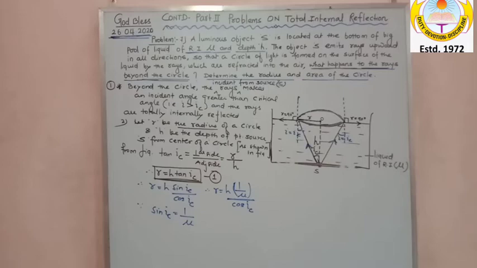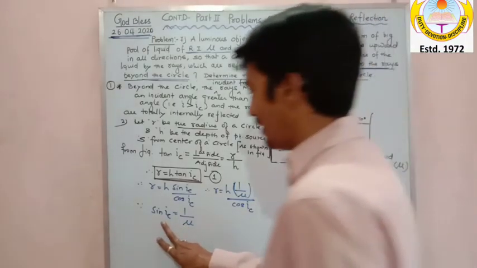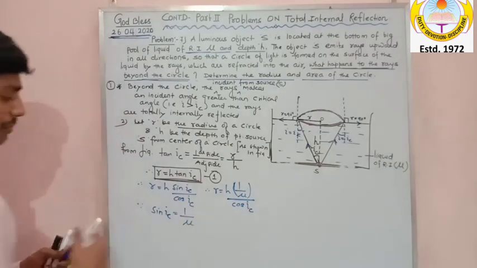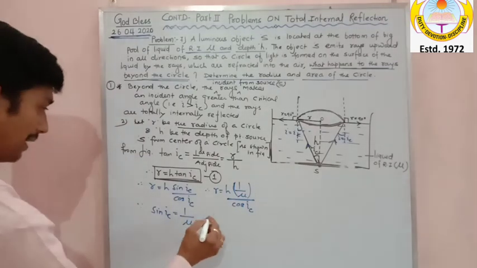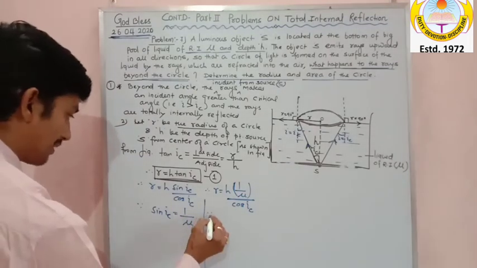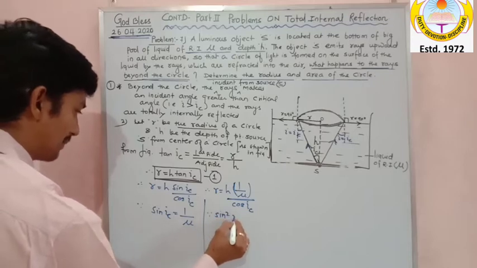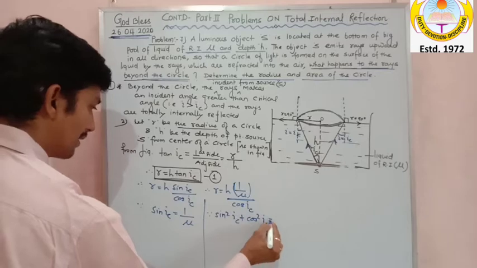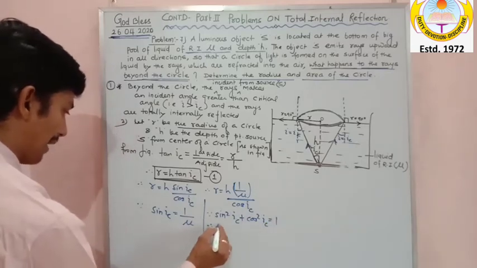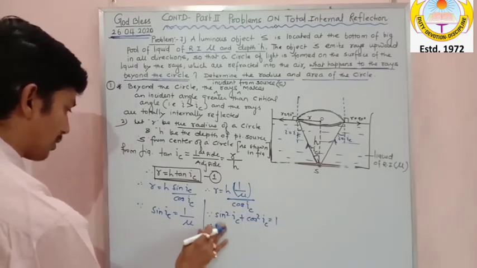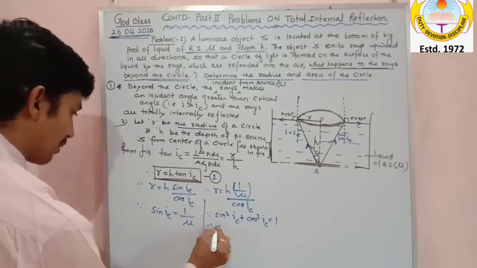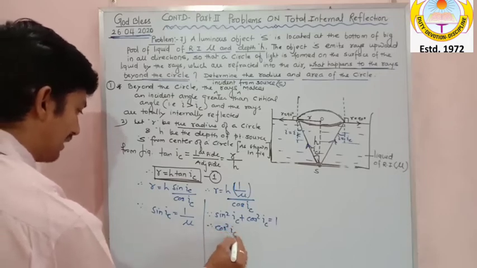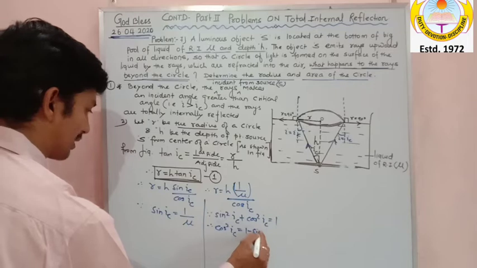Now everybody knows this also, from this data. If sin IC is 1 upon mu, then since sin square IC plus cos square IC is equal to 1, therefore cos square IC is equal to 1 minus sin square IC.